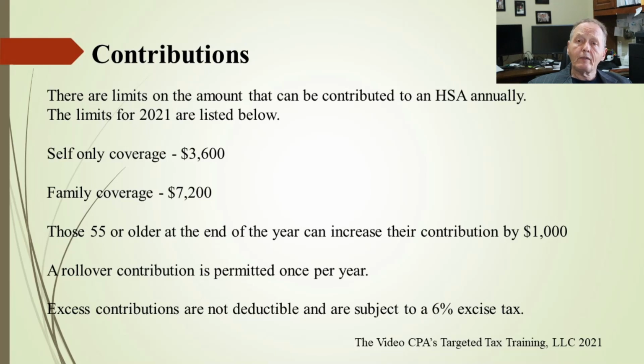Now, if you're 55 or older, you can actually put $8,200 in, $1,000 more for family coverage, or $4,600 if you're an individual. But if one spouse is 55 or older and the other is not, these are looked at as individual plans. So the other spouse could not do that, but one of the spouses could.